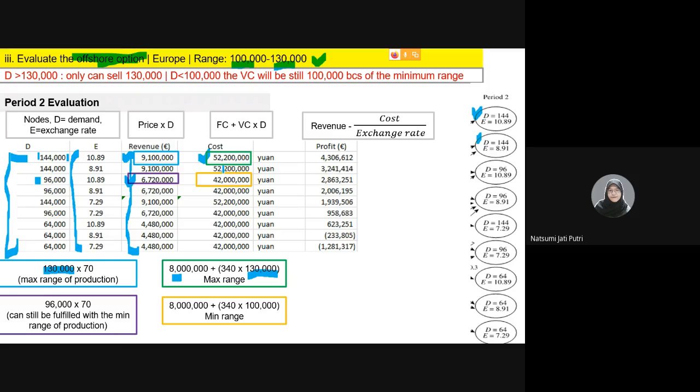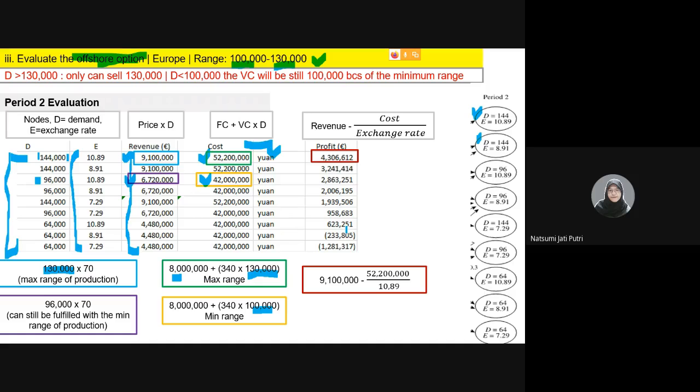So the variable cost incurred is for 100,000 units, which is our minimum production. Then for the cost, you get this number. Please remember that all of this cost is in yuan.